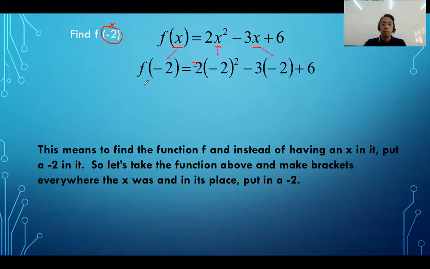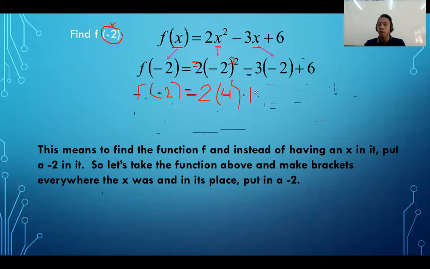Okay, so we will copy f of negative 2 equals 2 times negative 2 times negative 2, since we have a square, that is positive 4. Now, negative 3 times negative 2, that is positive 6 plus 6.